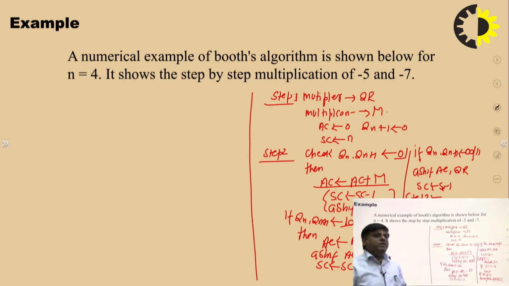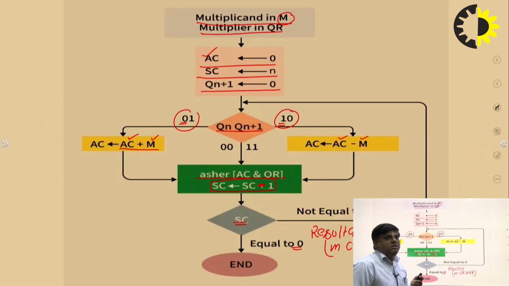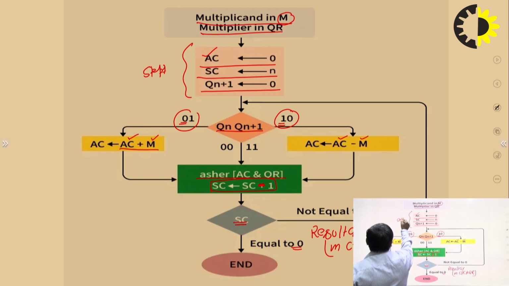This is the very simple algorithm of the Booth algorithm. The algorithm is classified into 3 steps. Actually, this algorithm is derived from this flow chart. Now, this one is known as step 1.